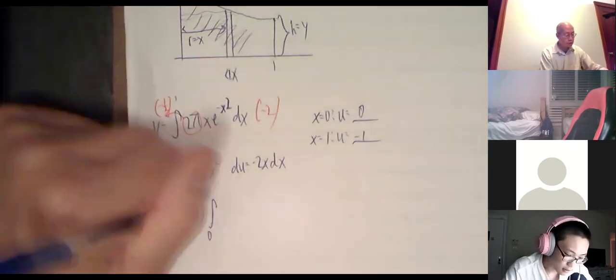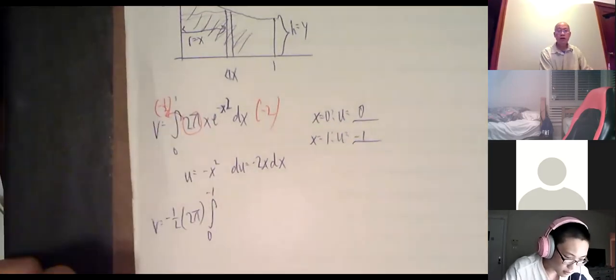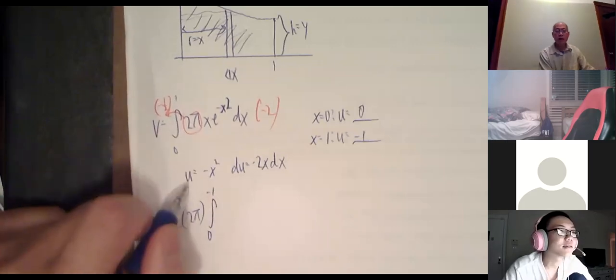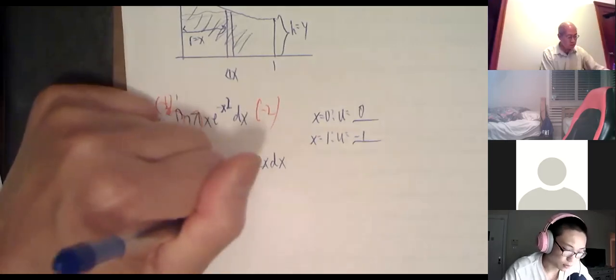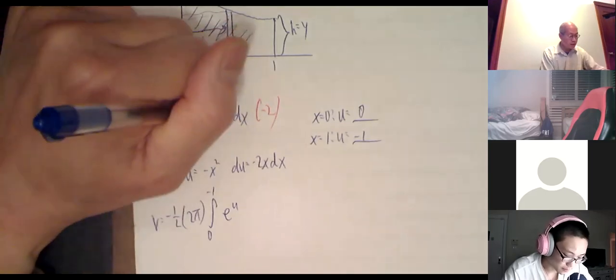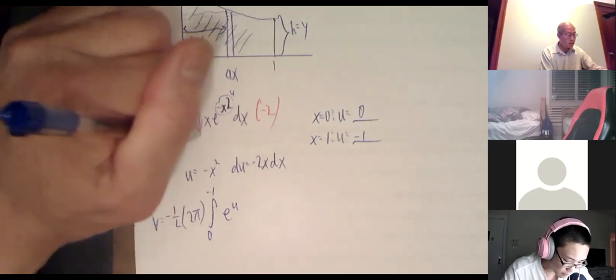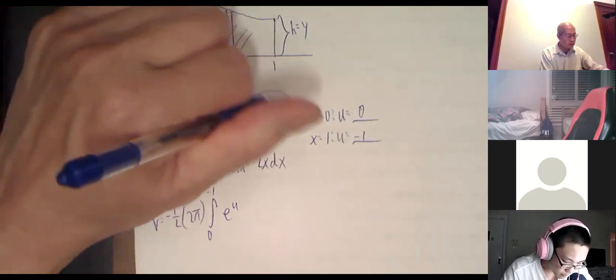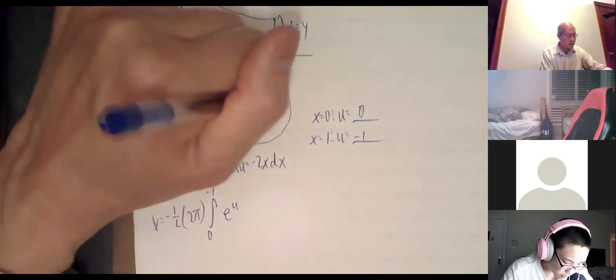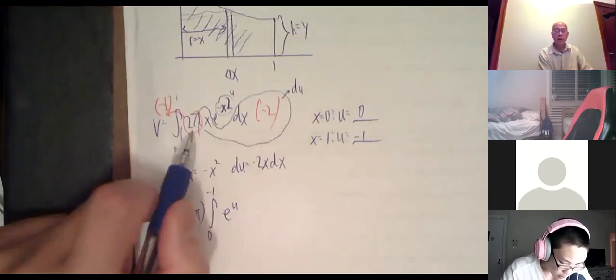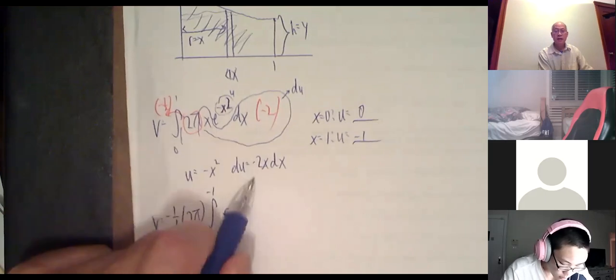So I'm integrating from 0 to -1 of e to the u. This thing here becomes u, and all of this becomes du, -2x dx.